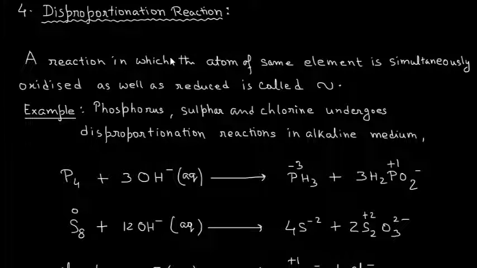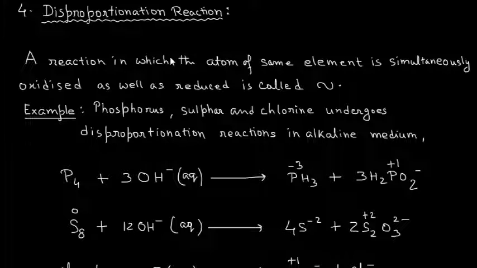Example: phosphorus, sulfur and chlorine undergo disproportionation reaction in alkaline medium. For example, P4 plus 3OH minus in aqueous solution gives PH3 plus 3H2PO2 minus.